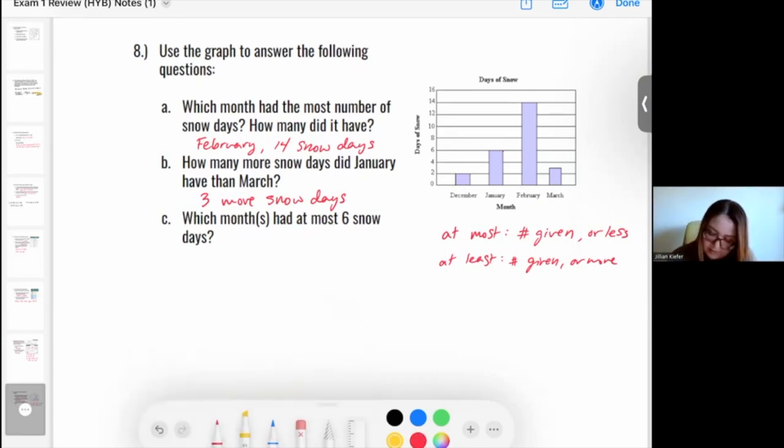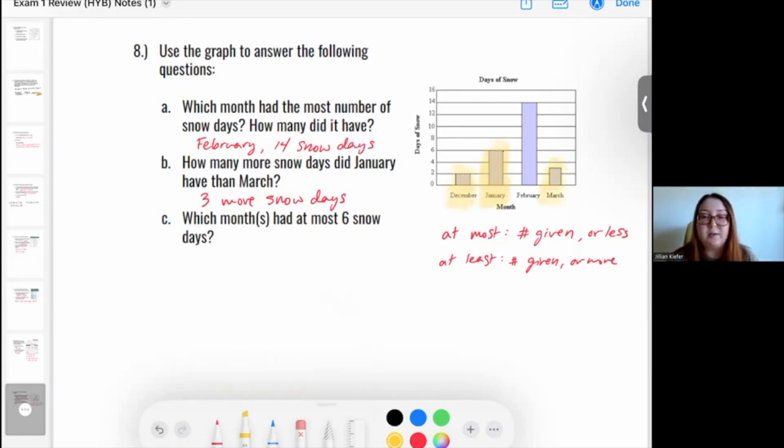So if we're looking for 6 or less, we said February definitely had 14, and that's way more than 6. So definitely not February. January had 6, which is fine. We said it's the number given or less, so 6 is fine. December looks like it has 2, and March had 3.